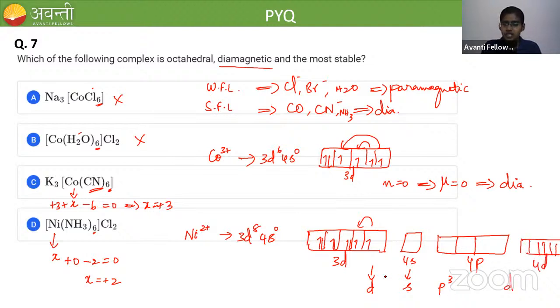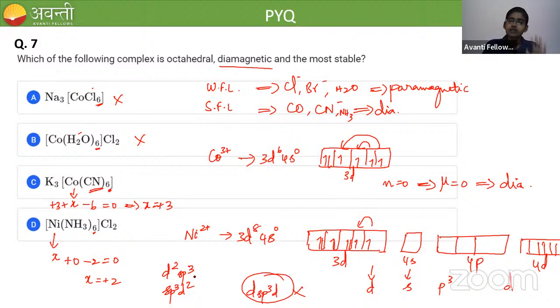We don't have such a kind of geometry or hybridization, right? A dsp3d kind of hybridization is not there. Such a thing is not possible. We have only 2 types for octahedral: one is d2sp3 hybridization and the other is sp3d2 hybridization.